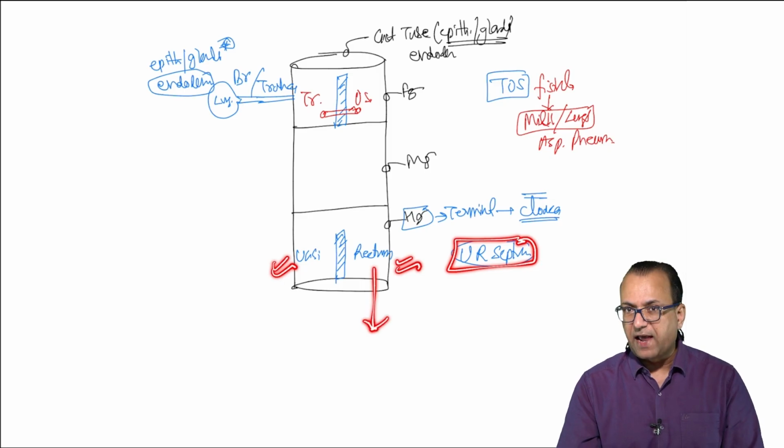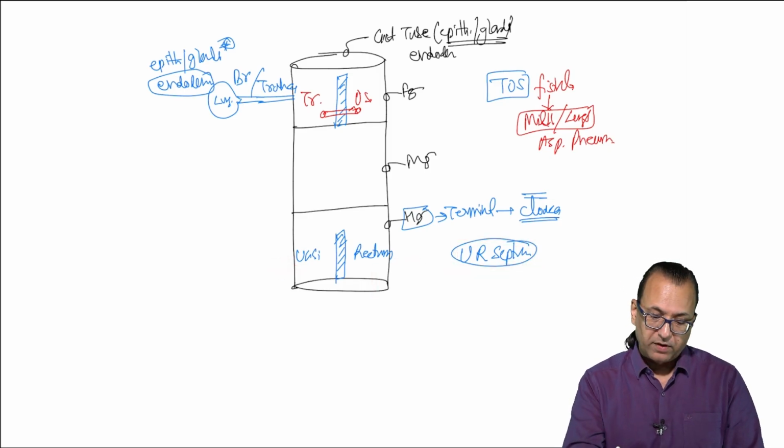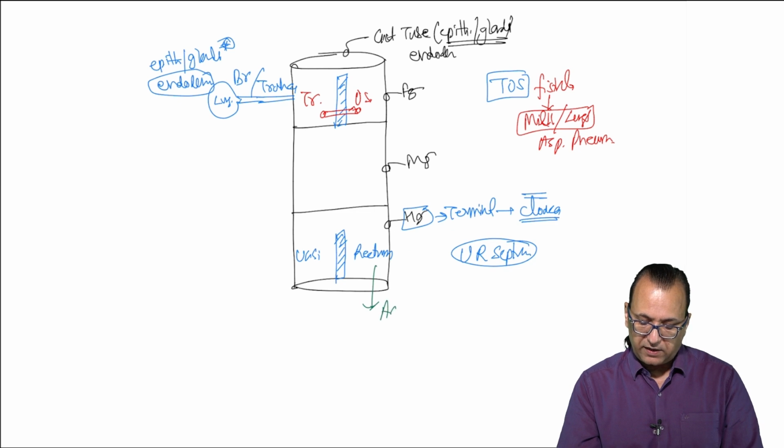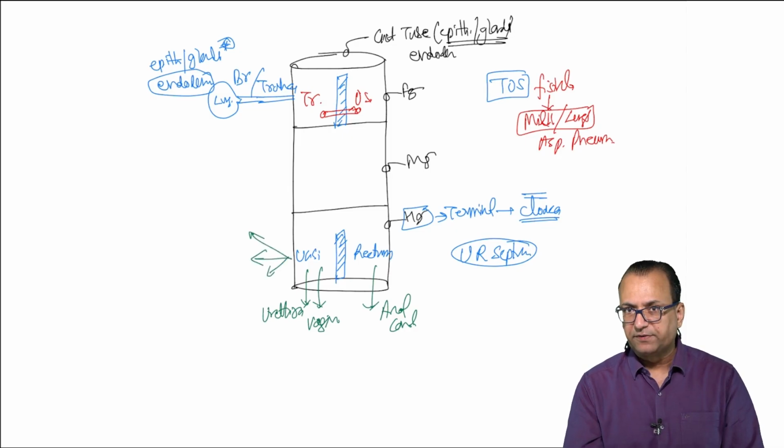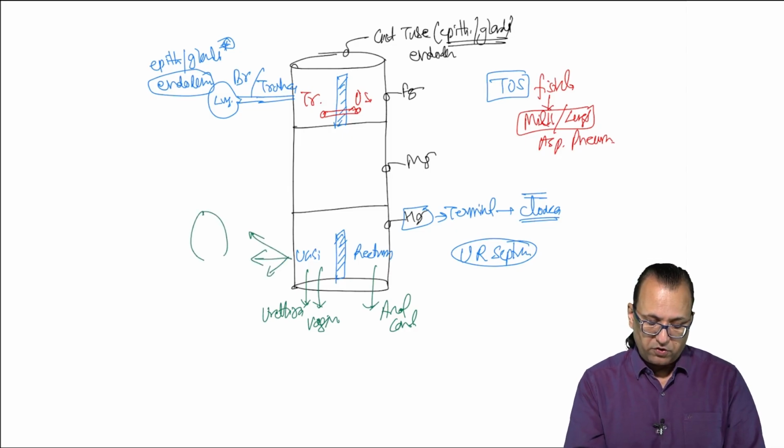The rectum will open as anal canal, whereas the urogenital sinus will have two openings, like if it is a female, urethra and the vagina. So basically for urogenital sinus, you can remember three derivatives: not only urinary bladder and urethra, but also lower vagina. They are all from endoderm of the hindgut.